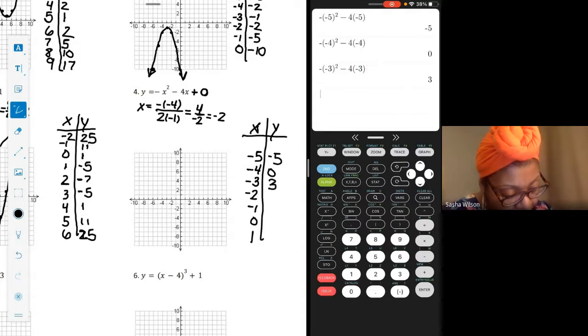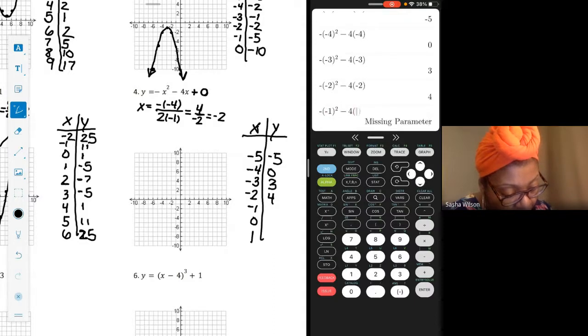Three. And it starts to repeat. 0 and then negative 5. Just to make sure I don't need to add additional numbers, I'm going to plug in 2.